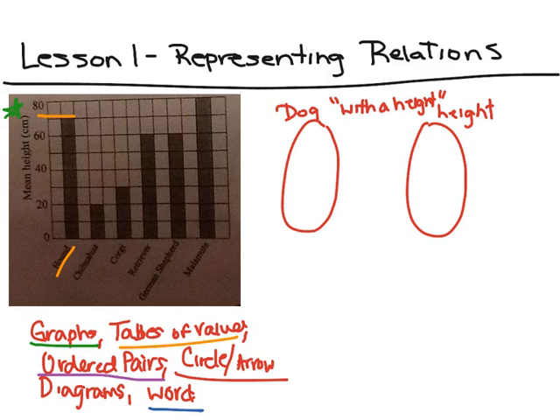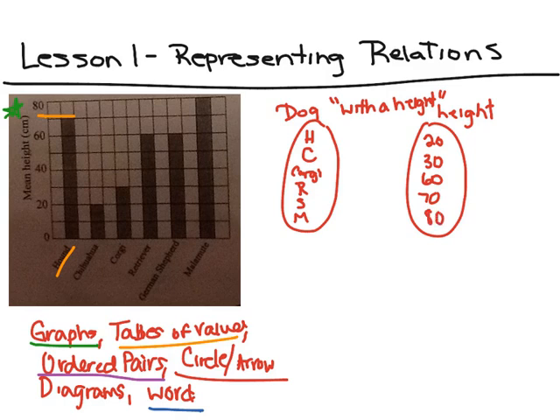I don't really have enough room, so hound, Chihuahua, Corgi, Retriever, Shepherd, Malamute. The heights are the distinct elements in the group, so there should only be one of each element. We have a 20, a 30, there's two 60s, but because we only need one distinct element, you only put it in once. A 70 and an 80.